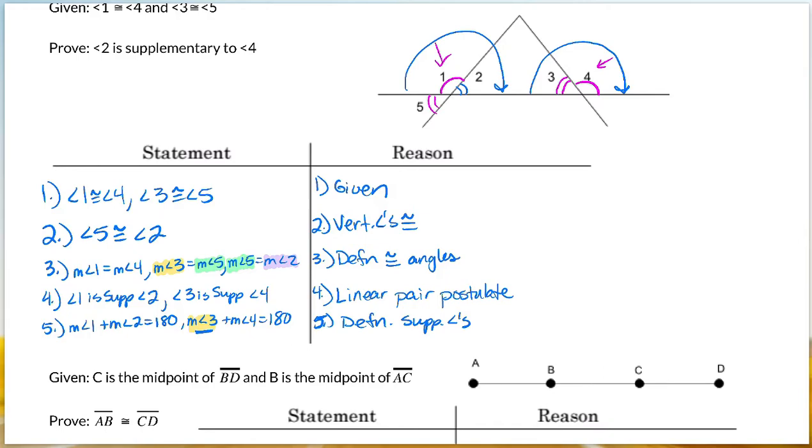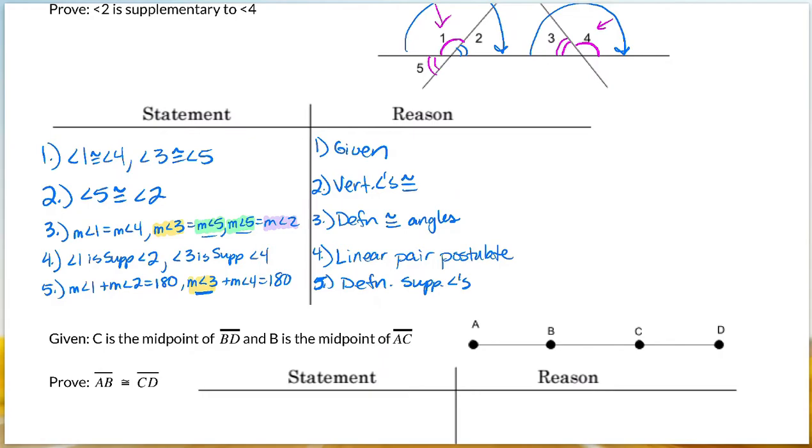So here's where we've got a transitive property in our proof that we can use to directly link the measure of angle 3 with the measure of angle 2. So I'm going to do that on the next line. Measure of angle 3 equals the measure of angle 2.